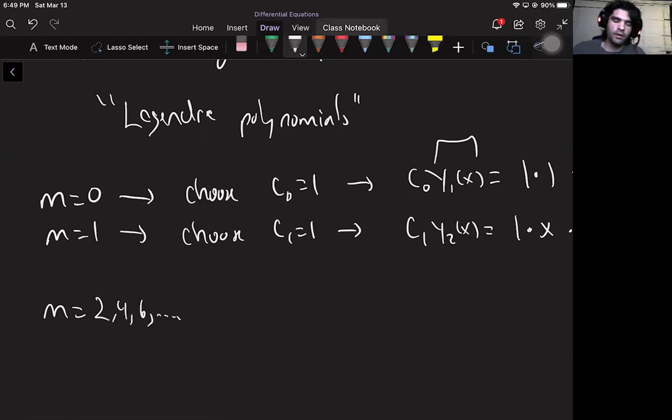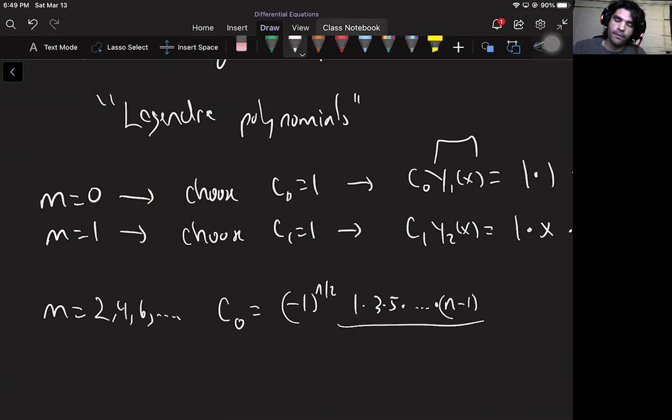So for other even numbers, we use this formula. 1 times 3 times 4, and it's really just to cancel out some fractions. So we'll see that in a second. 2 times 4 times 6.